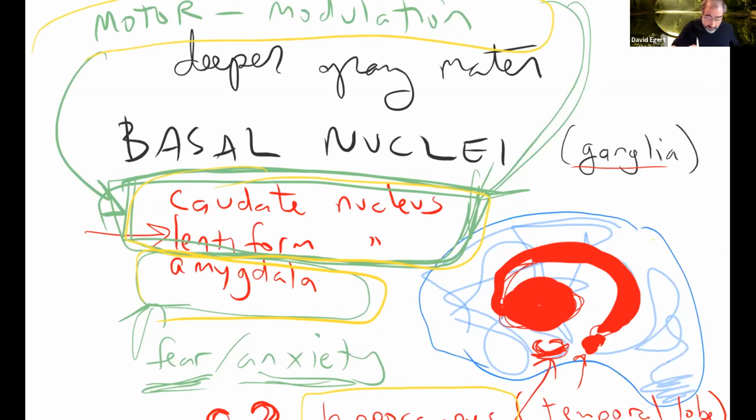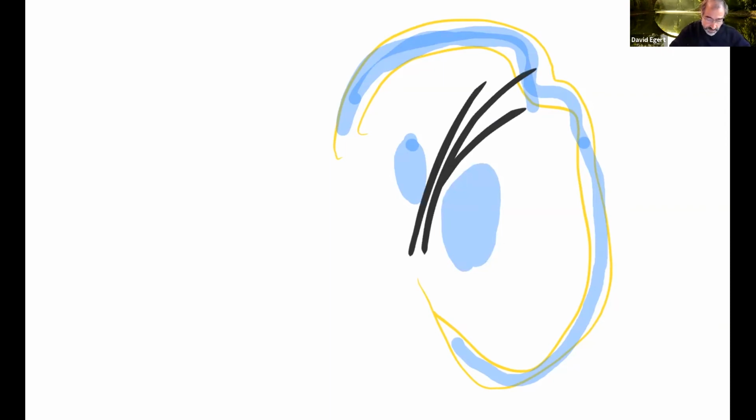I should mention another term we have sometimes. So if here's the cortex, we have gray matter, then there's the caudate, then there's the lentiform, and then there's all the white matter zipping up through things, the internal capsule.